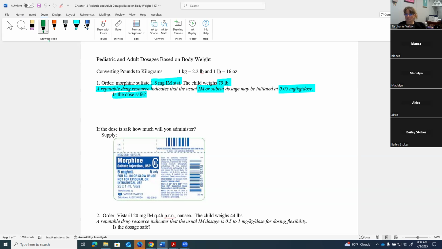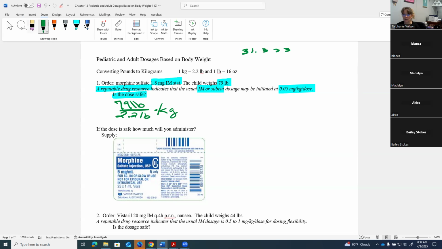So what we're going to do is take our patient at 79 pounds and convert it. We know there are 2.2 pounds per kilogram. Now, some of you are going to want to do this separately. Just remember, if you get a decimal number, we have to be careful.